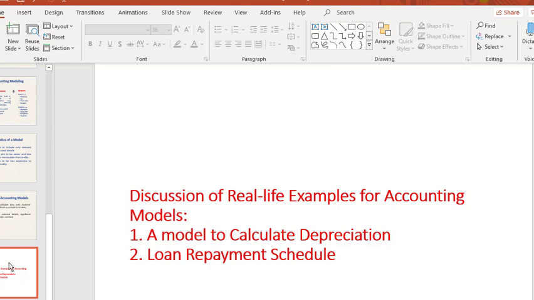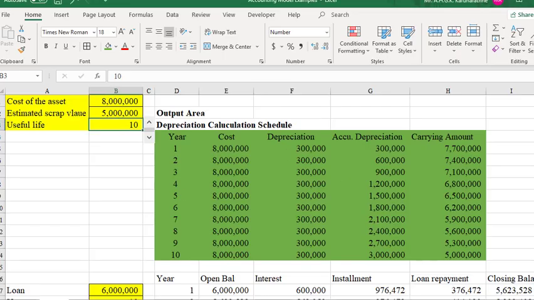What we are going to do in this subject is practically apply accounting modeling techniques, tools and applications to develop very attractive accounting models to satisfy the information needs of the intended parties. So accordingly, we will now have a look at two accounting models I wanted to show you.